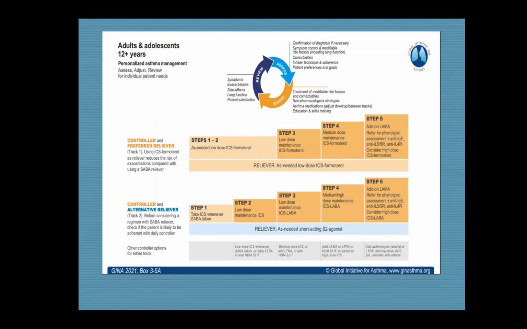But then you can see for step 1, 2, 3, 4, 5, you're going to have as needed low dose inhaled corticosteroid formoterol for your rescue pump. And the alternative, less favored approach is to use as reliever your short-acting beta agonist, and if you're not already on your inhaled corticosteroid, use the low dose inhaled corticosteroid along with the short-acting beta agonist as your rescue.